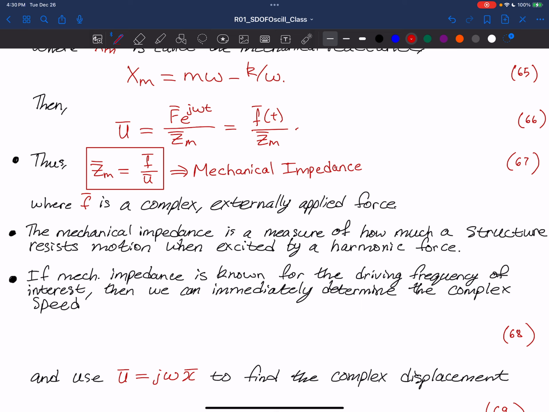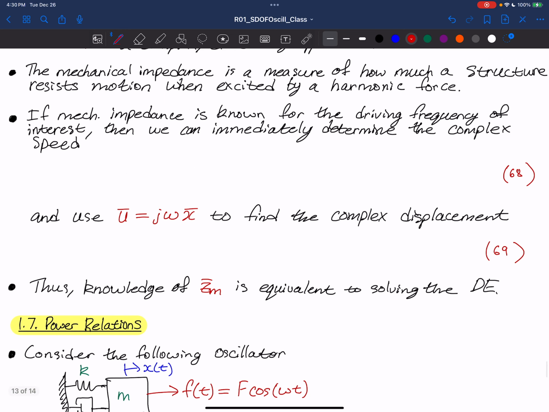So the key thing about mechanical impedance is that if we know it for a particular driving frequency, then we can immediately determine the complex speed. Specifically, we can write that U bar is equal to F bar divided by that mechanical impedance. And then we can use the equation U bar is equal to j omega x to find the complex displacement directly.